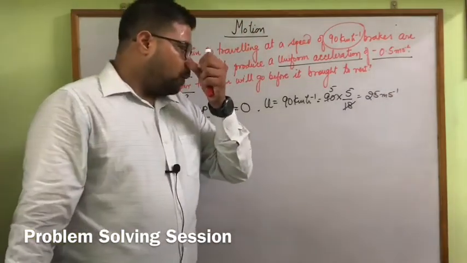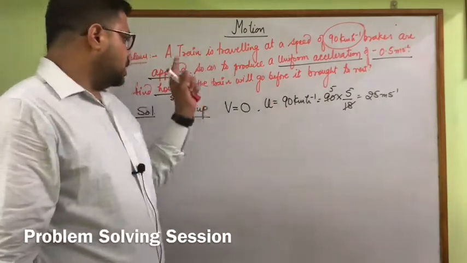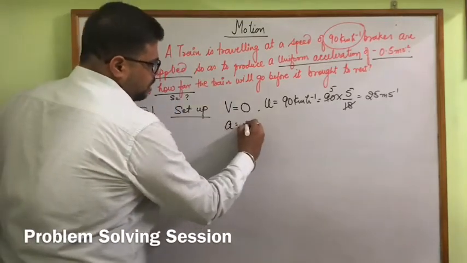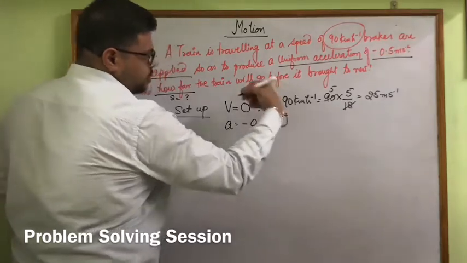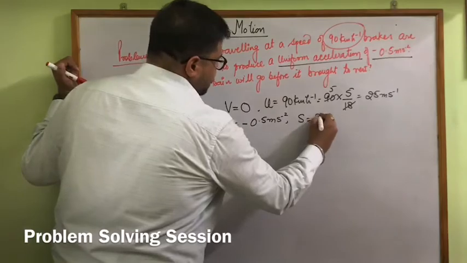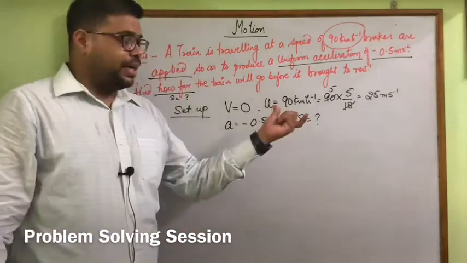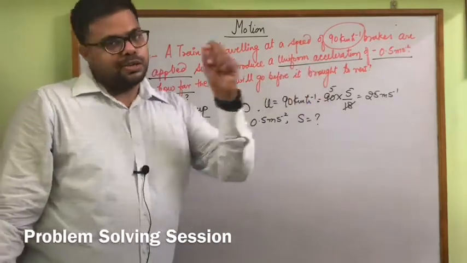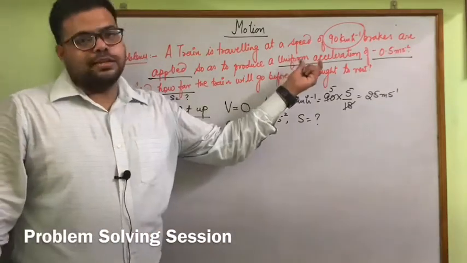Now here we can use another piece of information: acceleration a is given, 0.5 meter per second squared, also called retardation. Now we have to find the distance traveled. Because we have the phrase uniform acceleration, we use the equations of motion, which are valid when we find this kind of word.